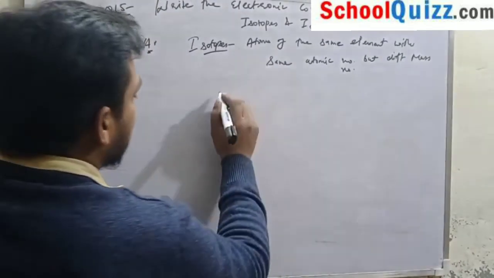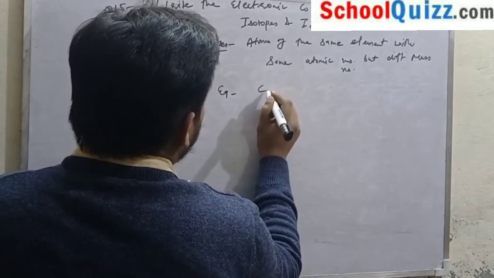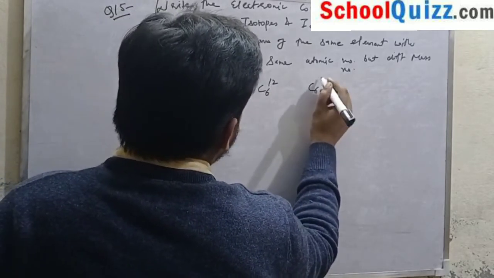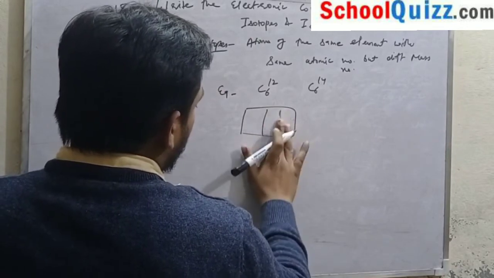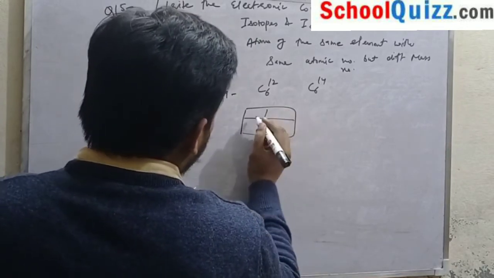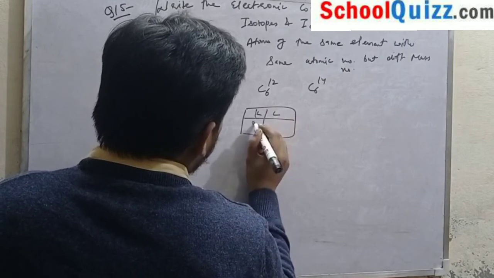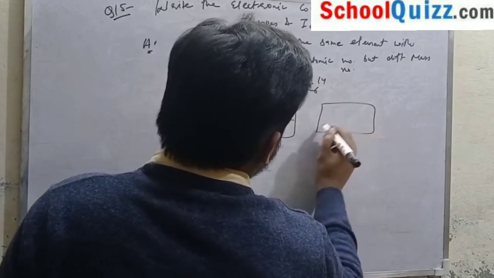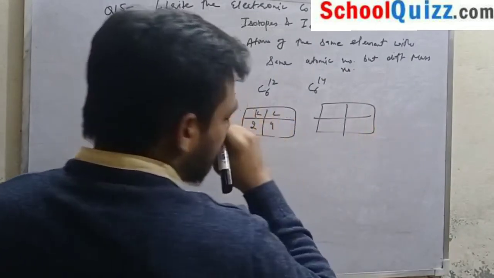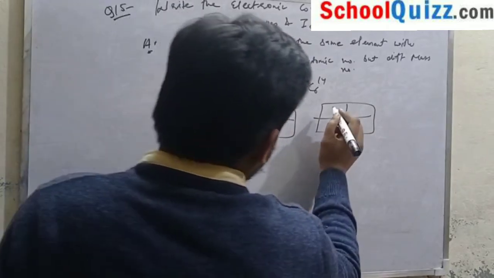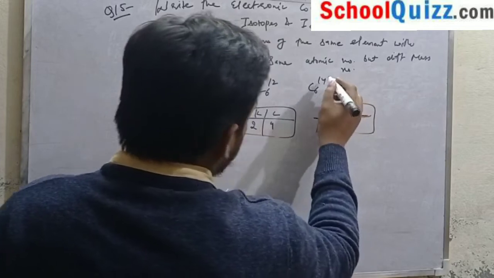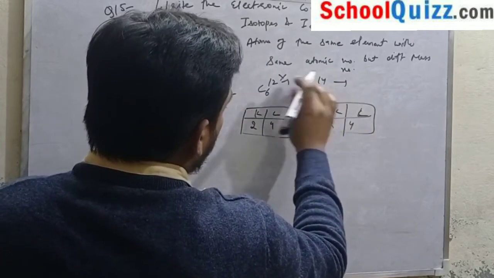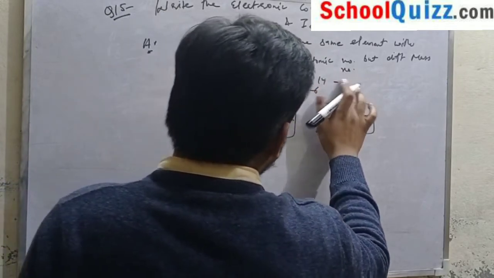If we take the example of carbon-12 and carbon-14, the electronic configuration will be the same, that is K L, 2 4. We have talked about electronic configuration, so there is no role of mass number.